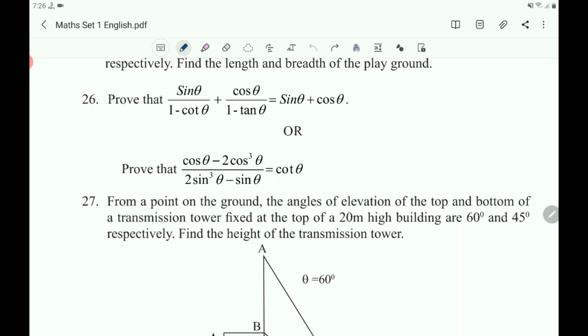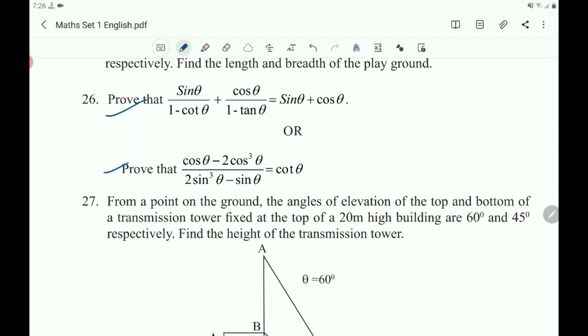In the exam, you solve any one question, not both. Try to answer any one question perfectly, because solving both is a waste of time. There will be no time for the next questions. So try to solve one question.